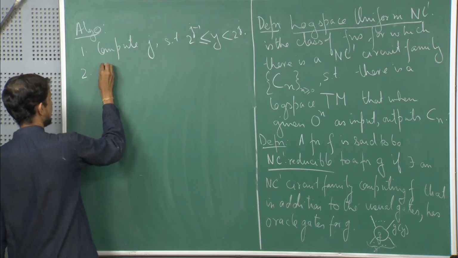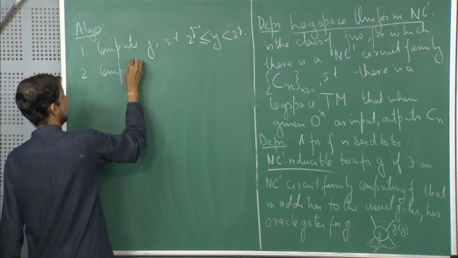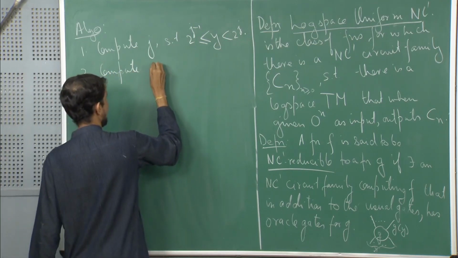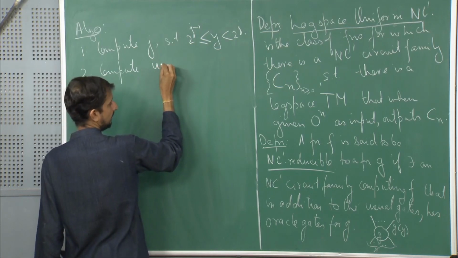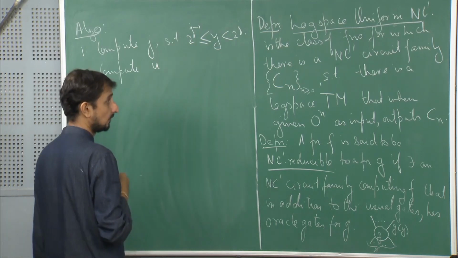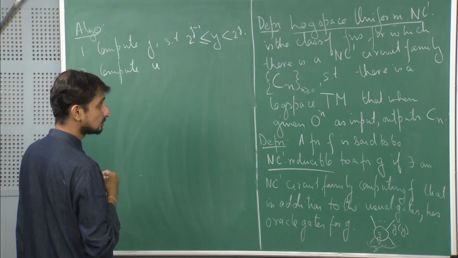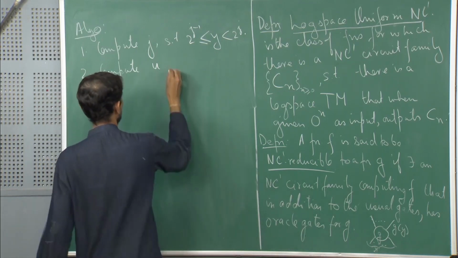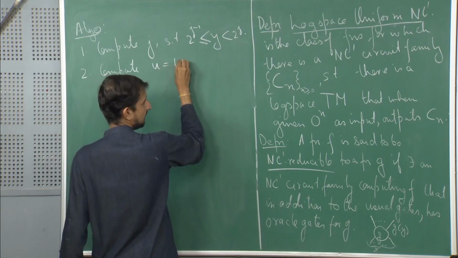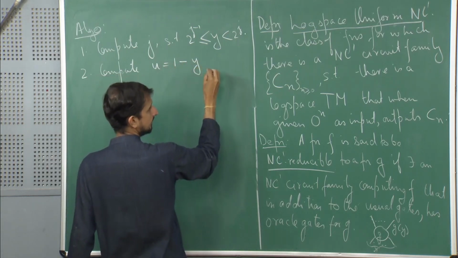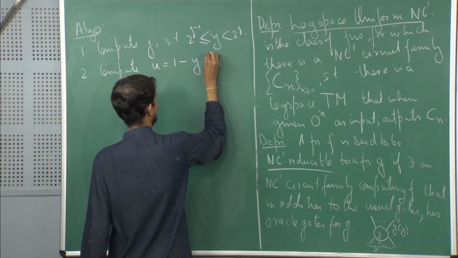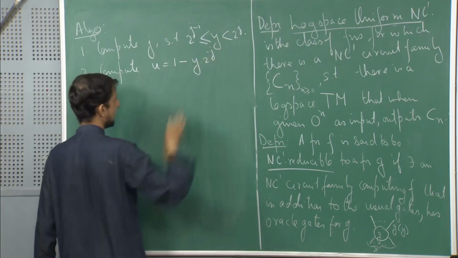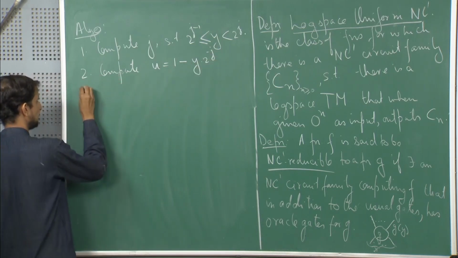Next step is to compute u. How do I get u? So, u is equal to 1 minus y into 2 to the power minus j. We have y, we have j, so we can compute u.